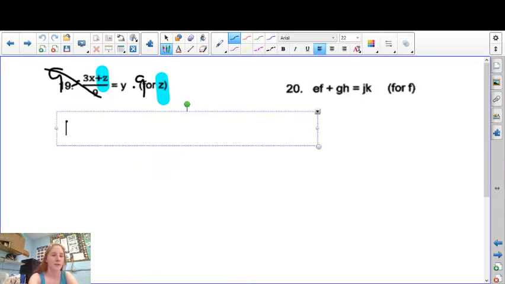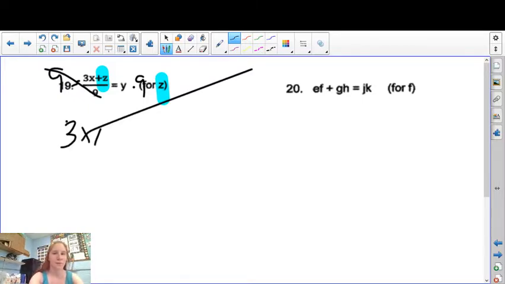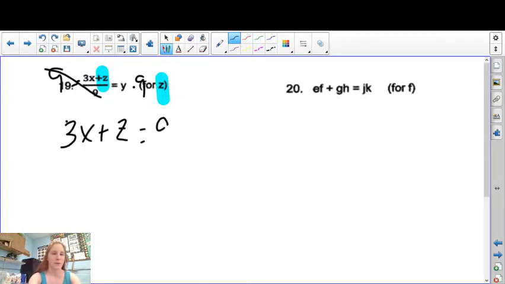I have 3x plus Z plus C is equal to 9 times Y. I'm going to go back and highlight what I'm looking for. I want my Z, so I need to get him by itself. So right now he's being added with the 3x, so I'm going to go ahead and subtract 3x from both sides.